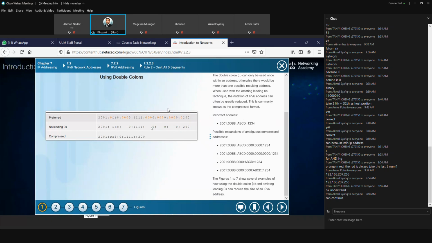For example, this 0 you cannot remove because it is not continuous. This one you cannot remove either because it's not continuous. So only this one you can remove, 0000, you just put a double colon here and then go straight to the next columns.